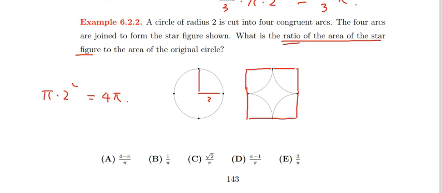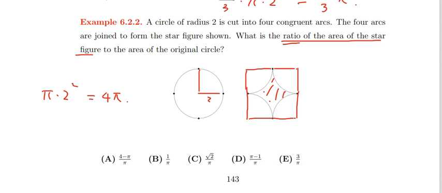Okay, so we know this area equals this square minus these arcs. This four arcs put together is just the circle.